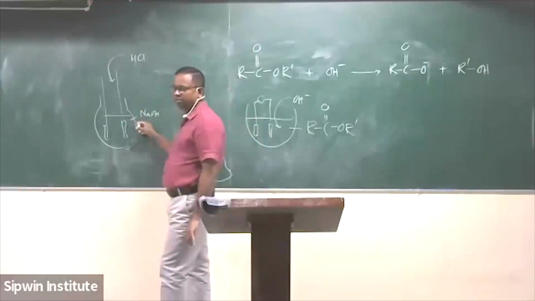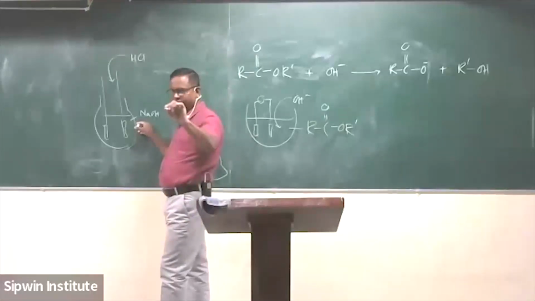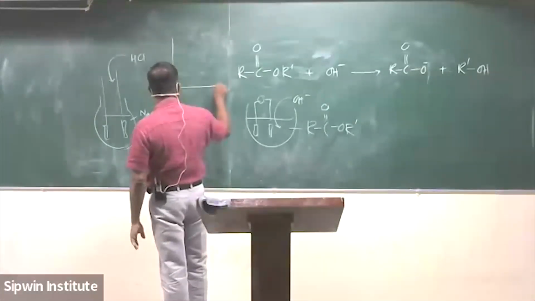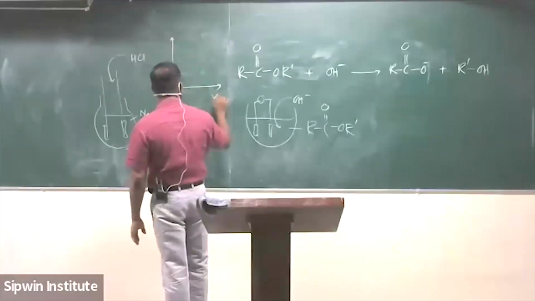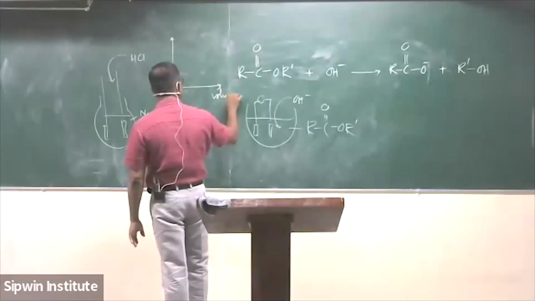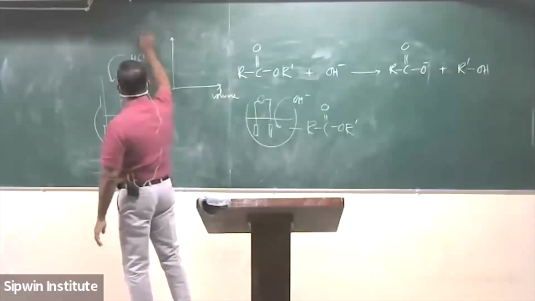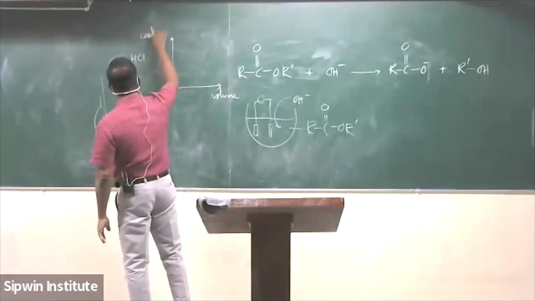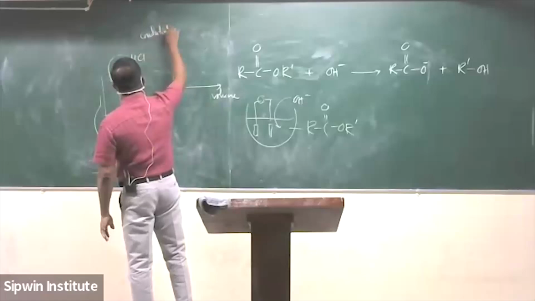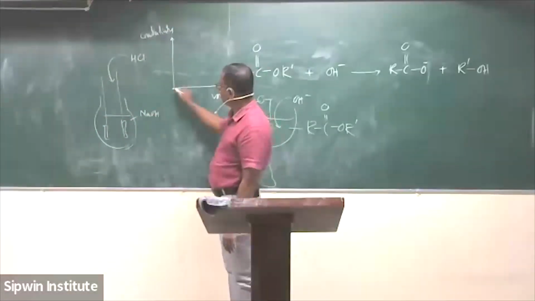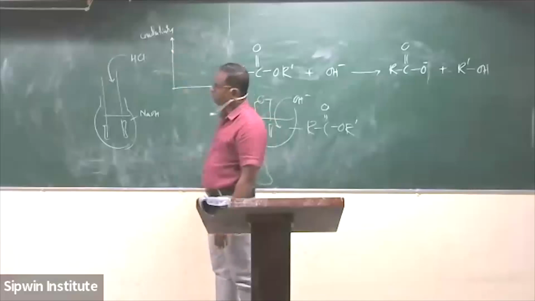With sodium hydroxide, at the beginning we measure the conductivity of this one. Here the volume, here the conductivity. At the beginning the volume is 0, and the conductivity is high.